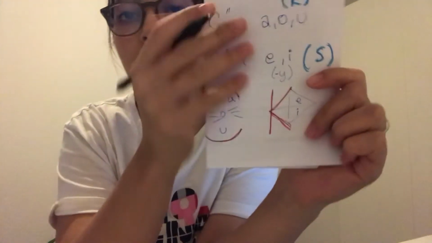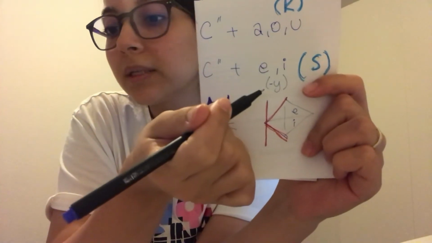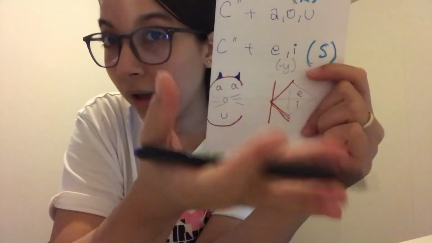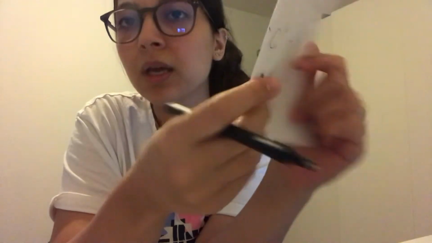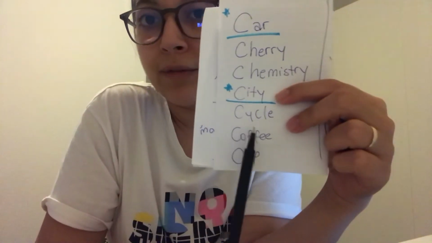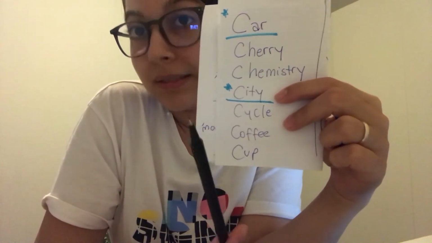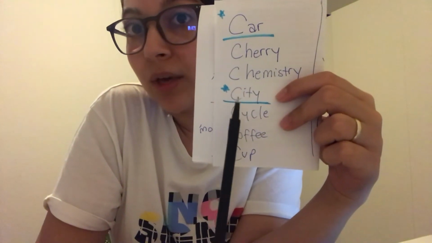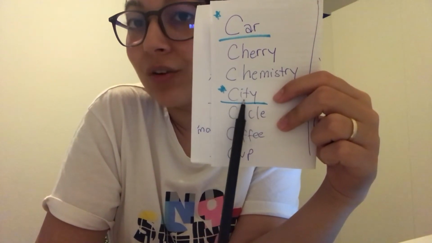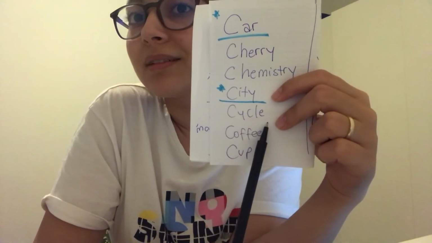This is not a vowel, that's a consonant, but since it is considered as the letter I in some cases, we also pronounce it as C if it comes after the letter C. So in this case we have city because we have the letter I here, and cycle.